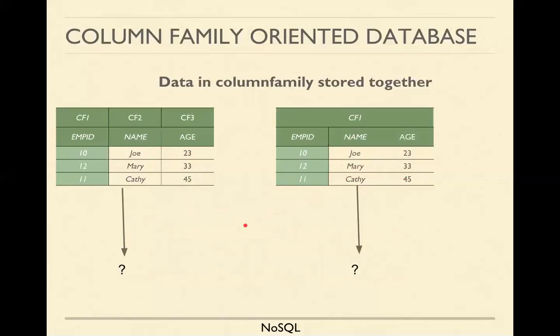So the first one is column oriented, while the second one is row oriented. This slightly looks like a schema, and that's the only schema you need to define in case of HBase.